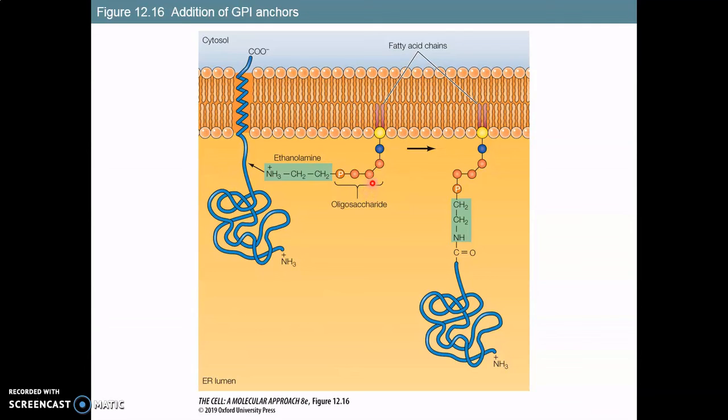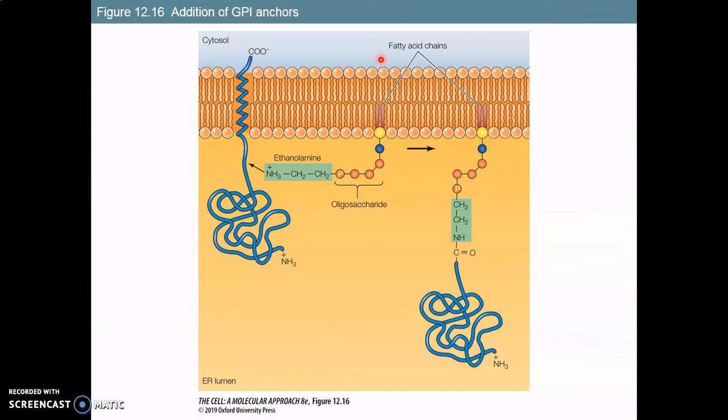We've talked before about modifications where we just simply attach a fatty acid onto a protein in order to associate it with the membrane without actually being a transmembrane protein. And that is something that is completely limited to the cytosol. So if we want things to be peripheral membrane proteins, and we want it to be on the cytoplasm, we can just add on a fatty acid, like palmitylation, which we discussed in protein modification.